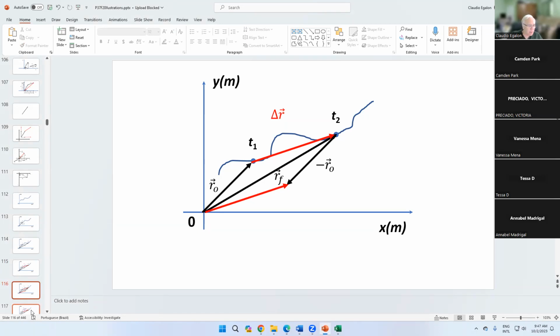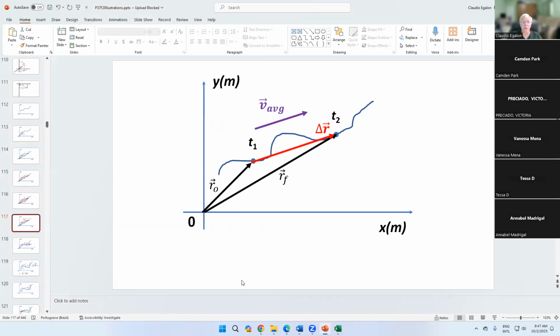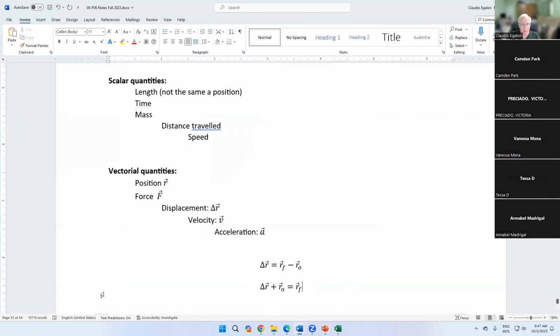Those illustrations are very useful because the average velocity vector is related to the displacement vector.